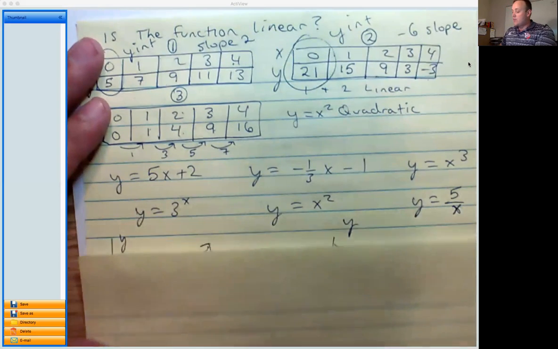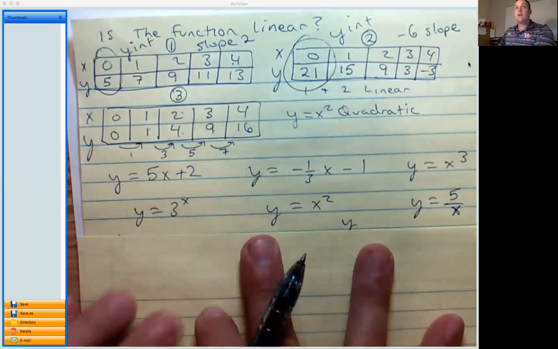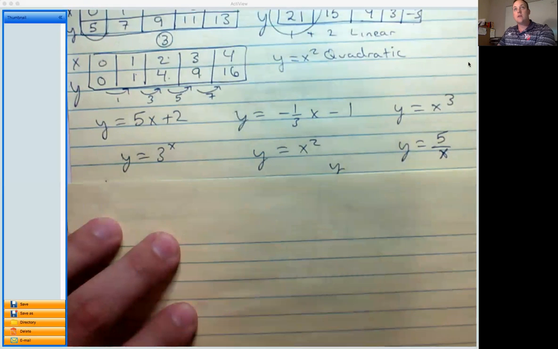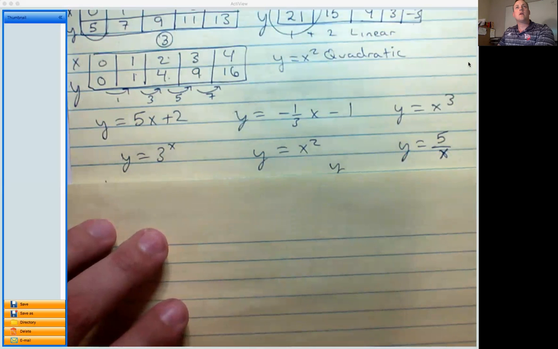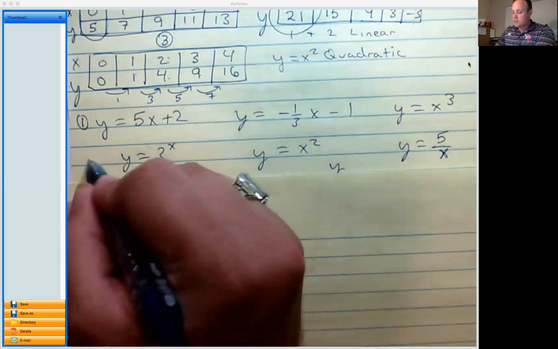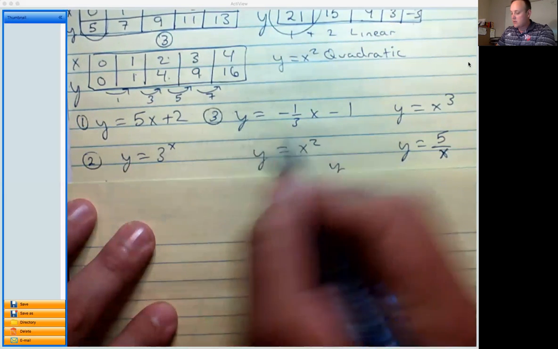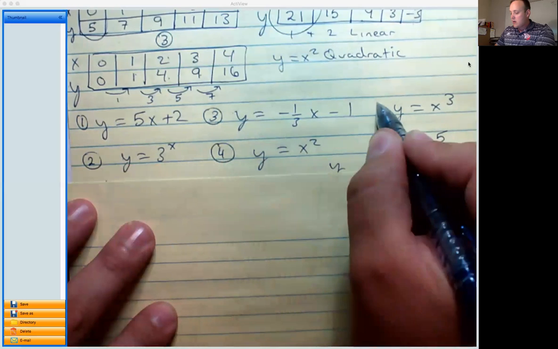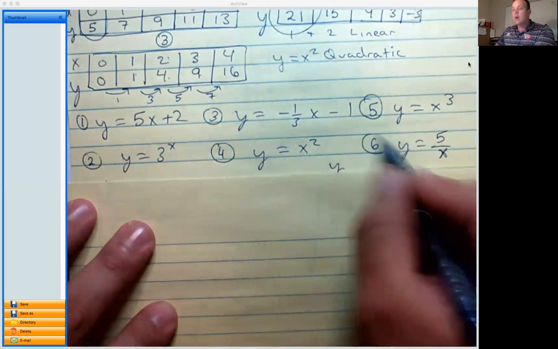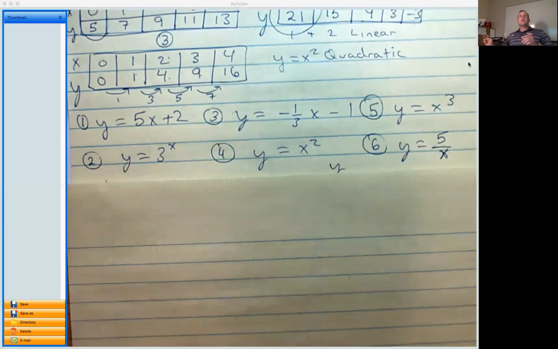Now, we also have to be able to recognize linear equations. I'm going to number these. Silently be thinking to yourselves which are linear. Your eyes should be up on the screen.